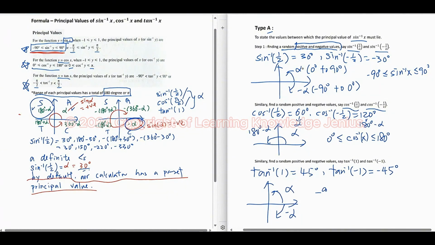So you can get the range is between negative 90 to 90. This is how you can conclude the range of the principal value of three different trigo functions. You just punch in the calculator two random numbers, one positive, one negative, then you can conclude which quadrant it lies in.